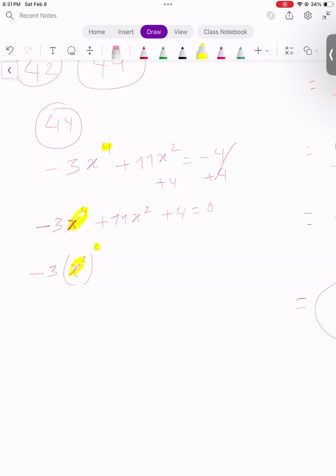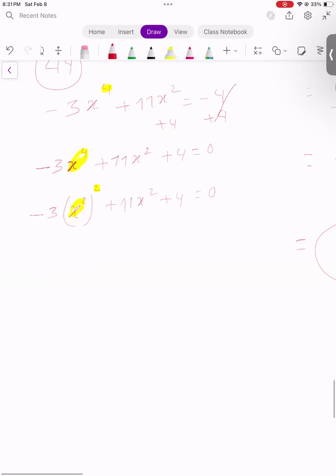These two are the same thing. Plus 11x squared plus 4 equals 0. Now we make a substitution here. For every x squared, we substitute some different variable. You can pick any variable you want. Let me use a. So for every x squared, I will substitute a.